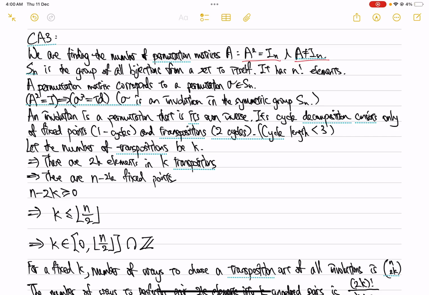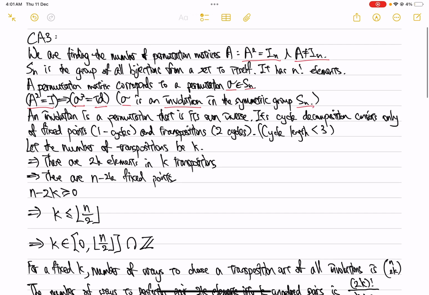So if A squared is I, where A is a permutation matrix, it is also saying it's a permutation sigma belonging to the symmetric group Sn, where sigma squared is the identity and sigma is an involution in Sn. An involution is a permutation that is its own inverse, and its cycles are composed only of fixed points and transpositions, so the cycle length is always less than 3. It has to be 1 or 2.